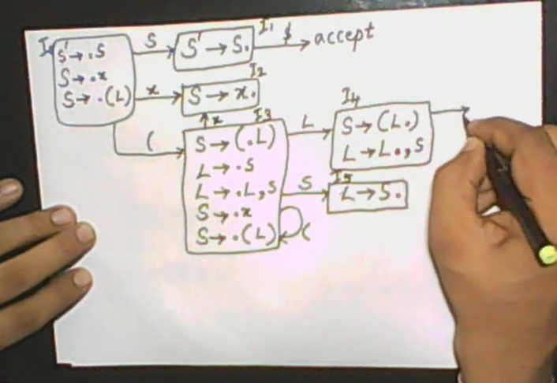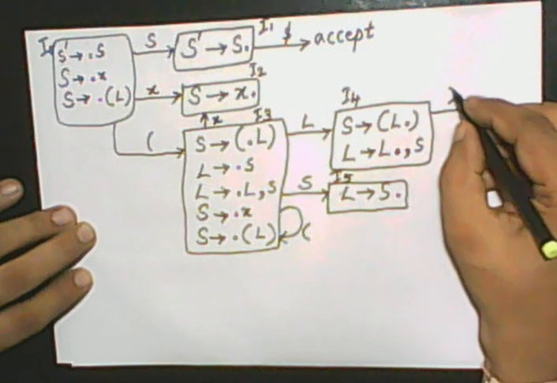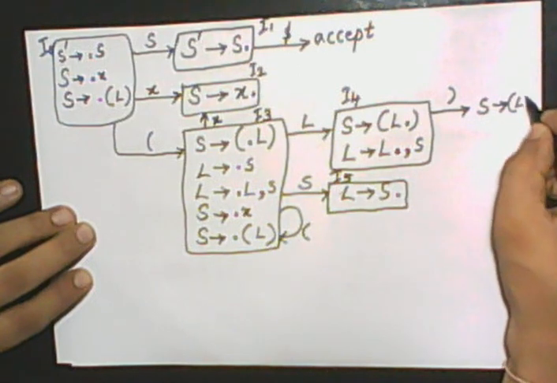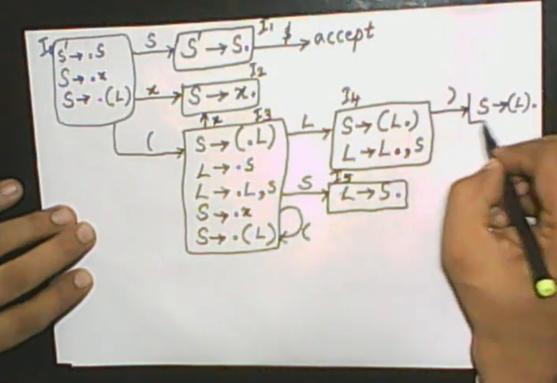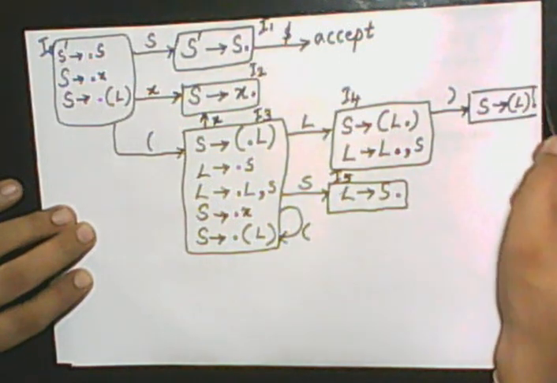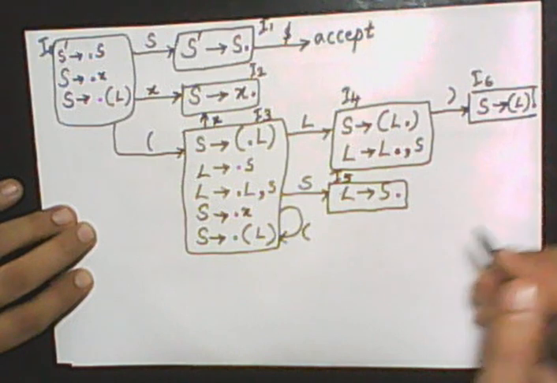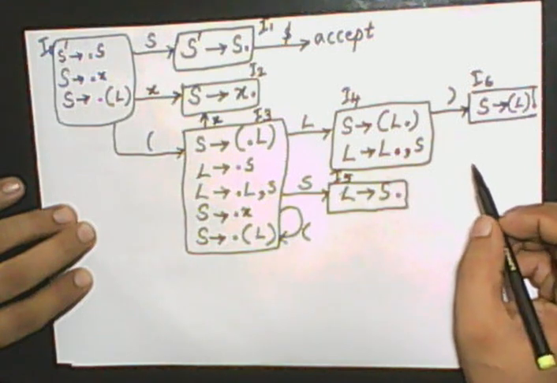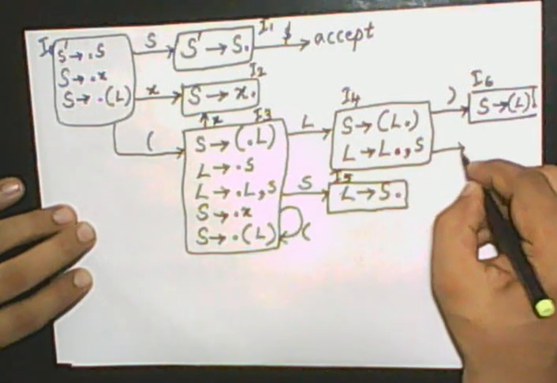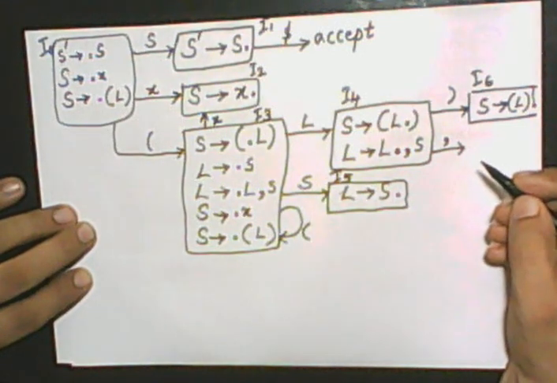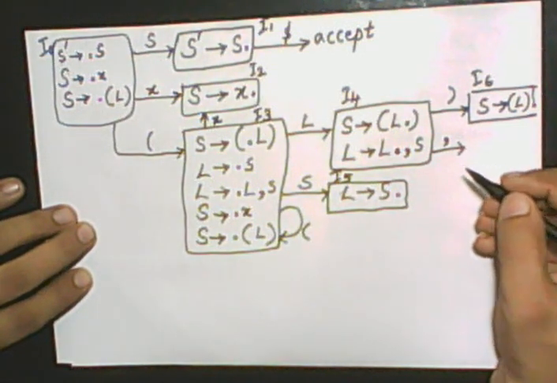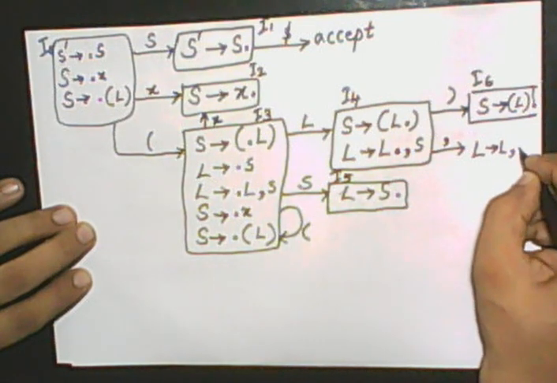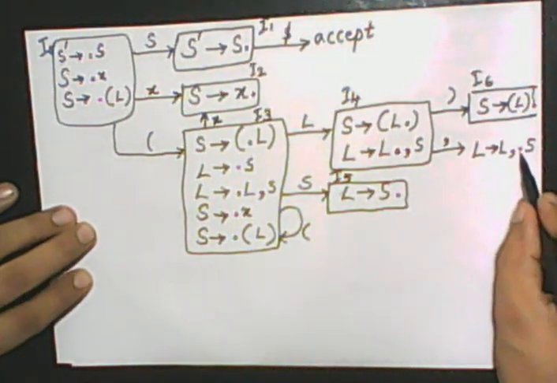Okay, so here let us take that right parenthesis, so which makes it S gives, so this will be the state and which will be the final state. So you can name it I6, and on a comma, L gives L comma dot S. So here you have to find the closure.